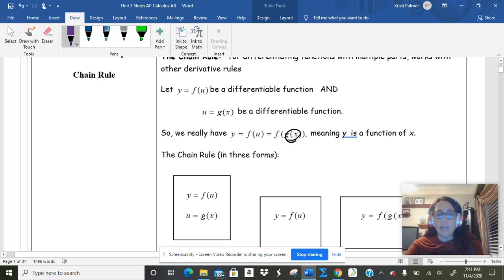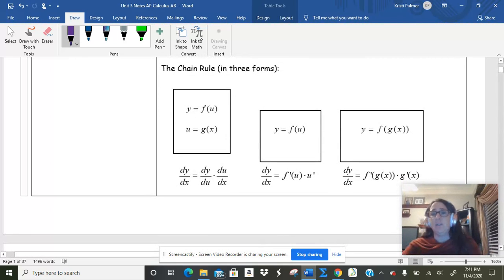an inside of a function. So when you've got an inside of a function like a composite function, remember that word? Composite function. That's when I know I'm going to have to use the chain rule.